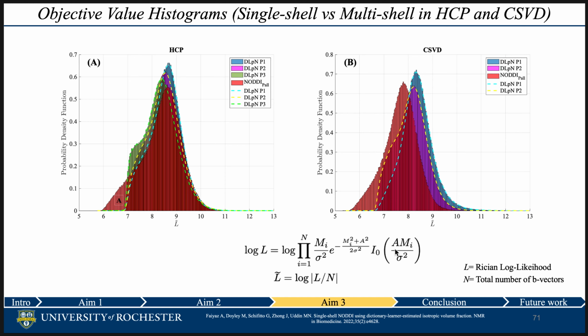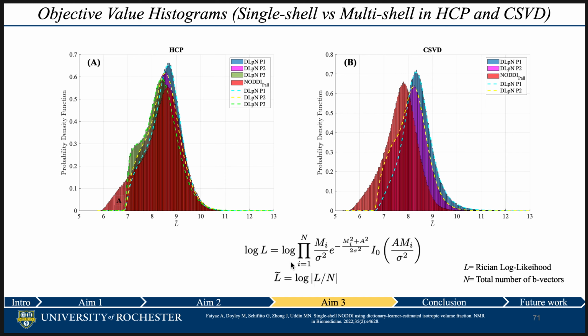One is the signal that we modeled using NODDI, using our parameters, and the other, m, is the machine derived diffusion signal that we receive. When we put this in this function, it gives us L, a likelihood value that tells us how similar these two signals are. The more similar they are, the better our modeling is.